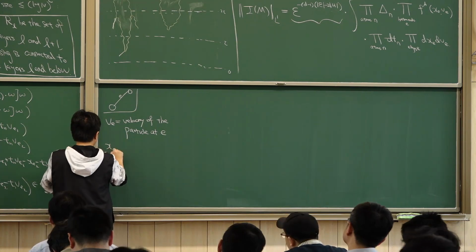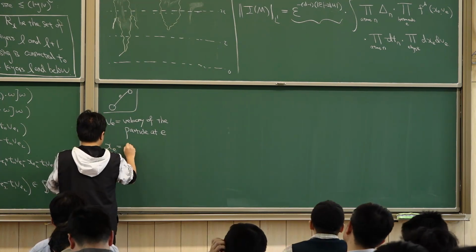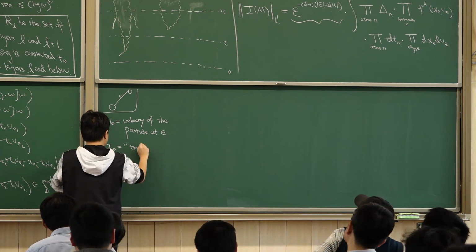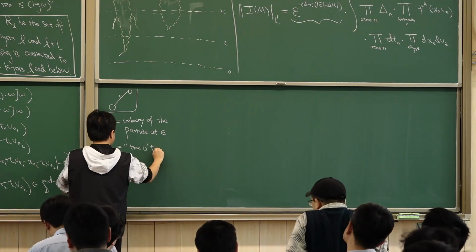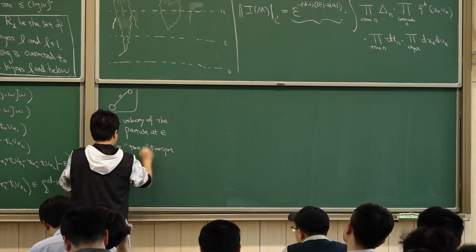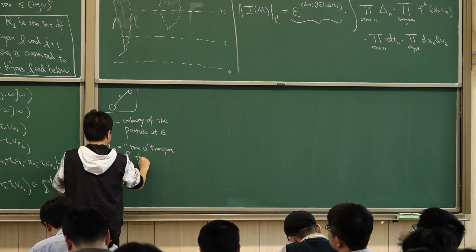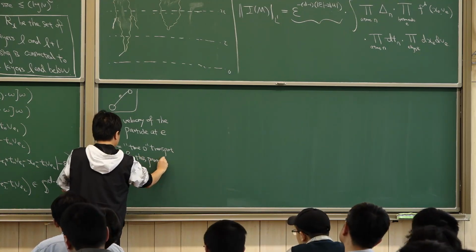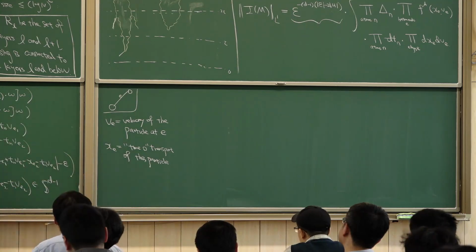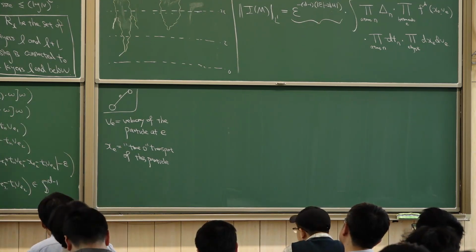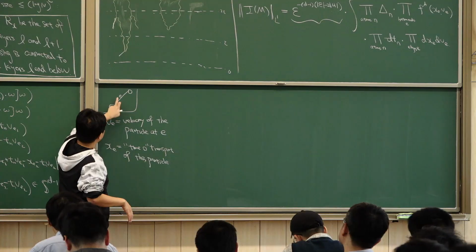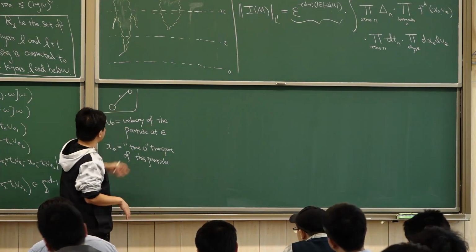Okay, so XE equals time 0 backward transport of this particle. Unfortunately, we have to do this backward transport because otherwise we cannot define the variable XE unambiguously.